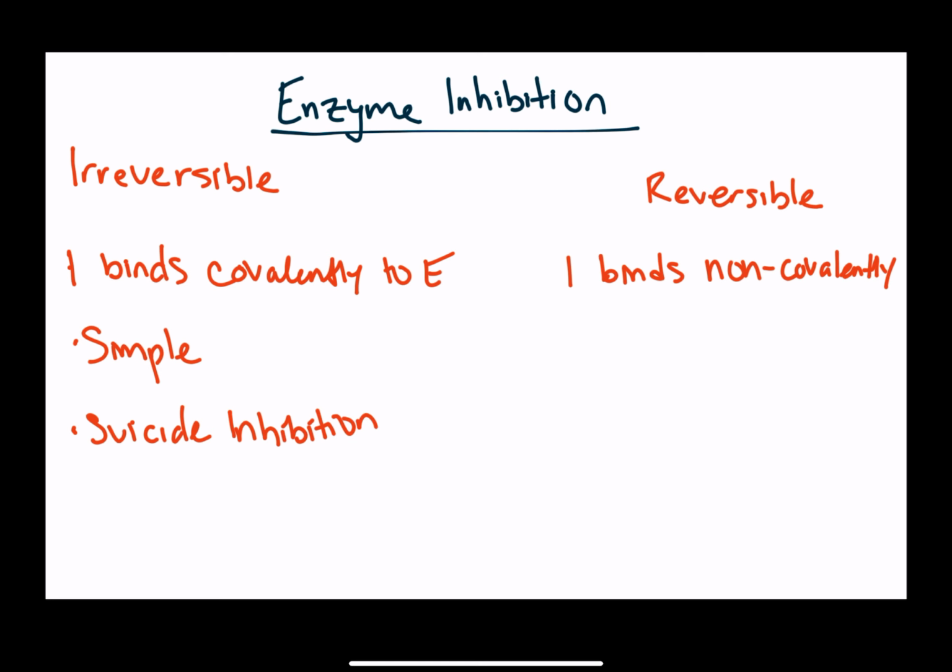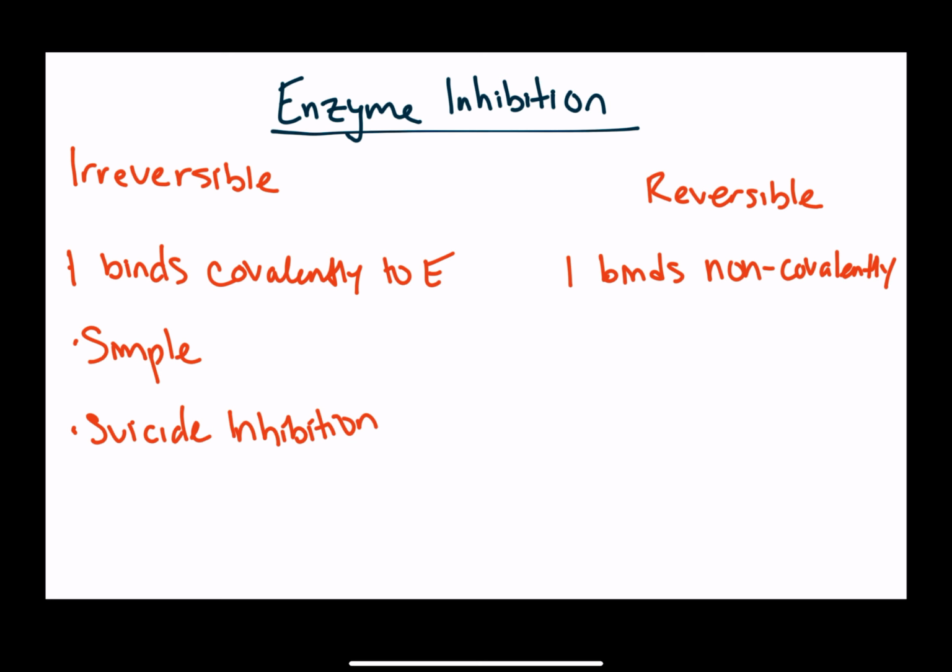And so the two main types of this are simple irreversible and suicide inhibition. This is not the main focus that we are going to be talking about today.